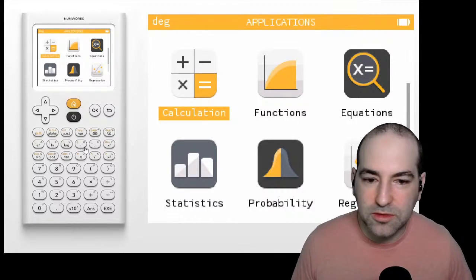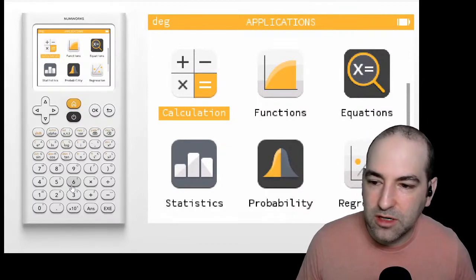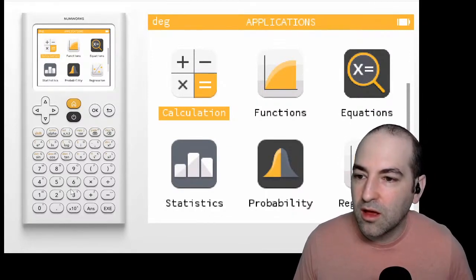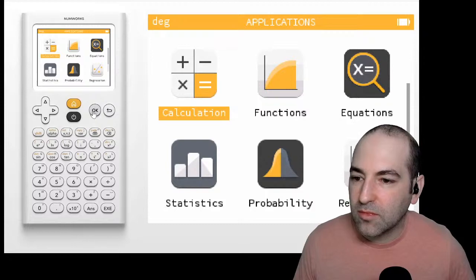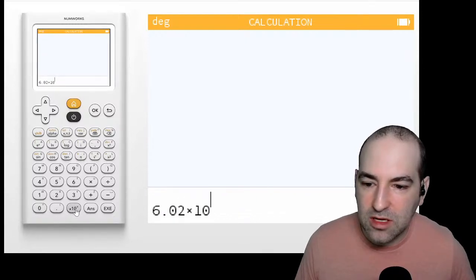This is NumWorks. And so if I wanted to type in something like 6.02 times 10 to the 23rd, okay, I think I have to go to calculations first. So I would type 6.02, and then they have a little times 10 to the key here, and I can put 23rd in there. And then I can continue.